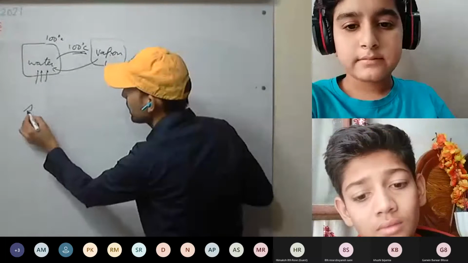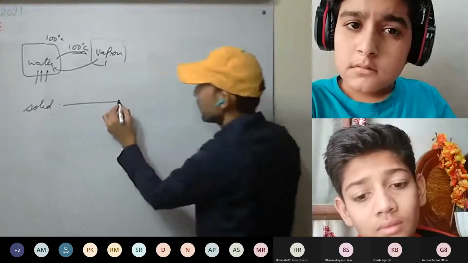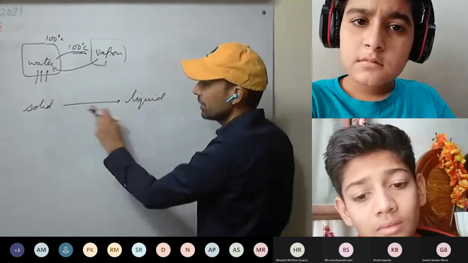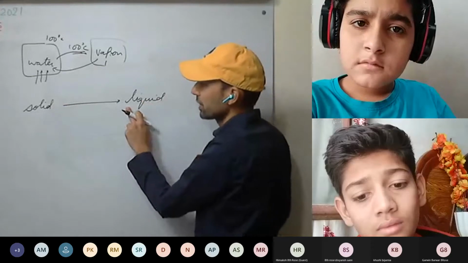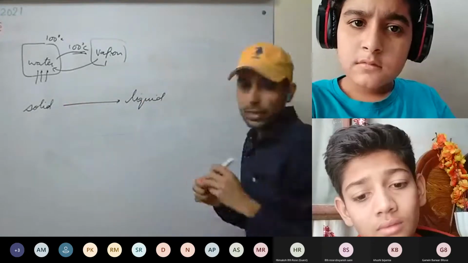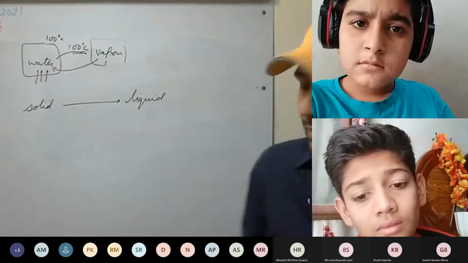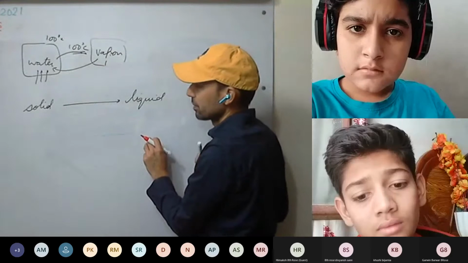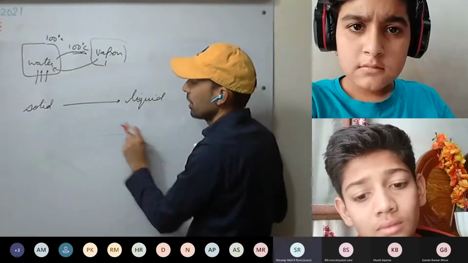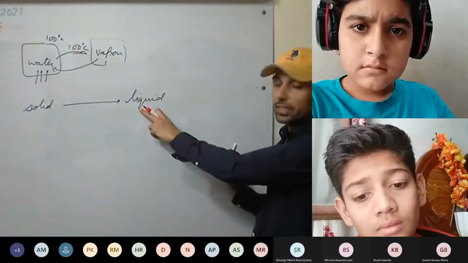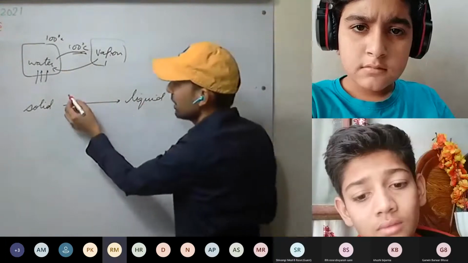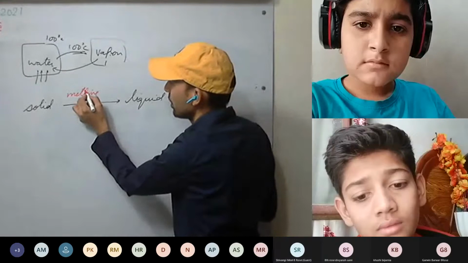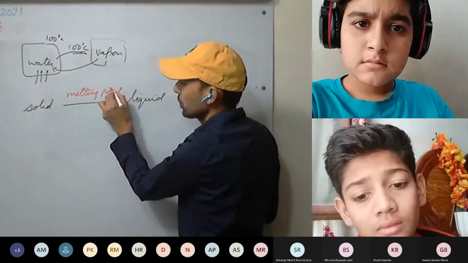Tell me, solid to liquid. At what point does solid convert into liquid? That point is called which temperature? Solid to liquid is melting point, or fusion point we can say.